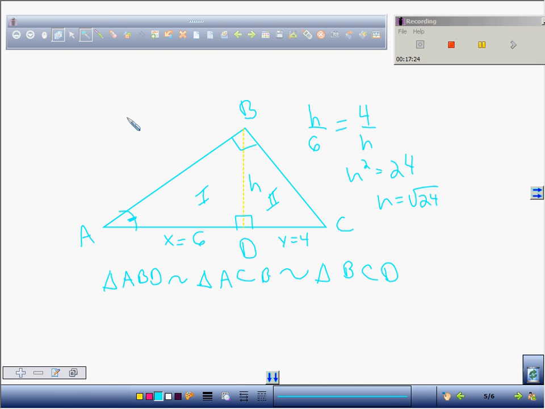What you might want to do when you have this kind of problem is split apart the triangles. So I want to put one triangle and call this triangle ABD. Okay? And then you could say, I know this side is 6, this side is H, this side I don't know. And then you could draw a triangle ACB, so that the things line up. Okay, so that's not right.